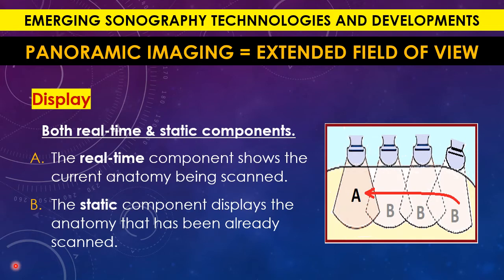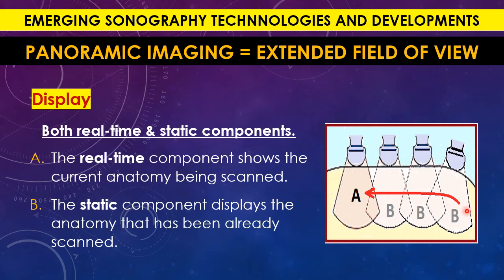So according to this, now what is the display? What do you see on the display? On the display, there are two components, like one which is A here. This is the real time, the one that you are seeing right now. This is the real time scan. But what about the others?